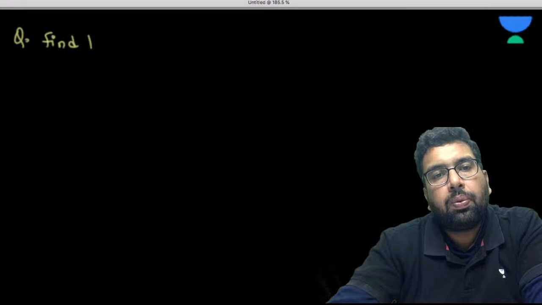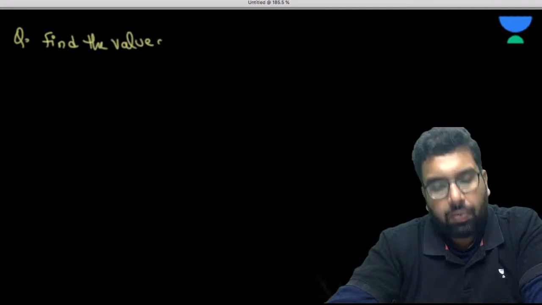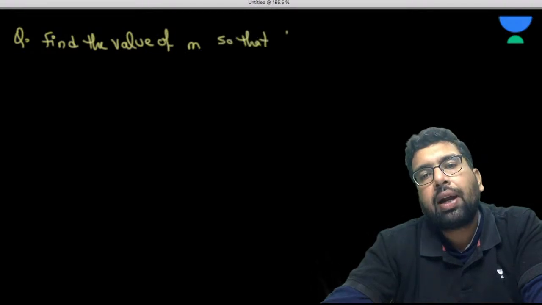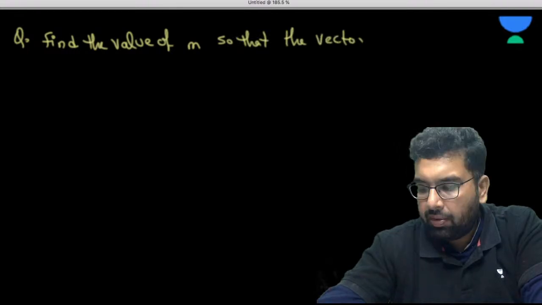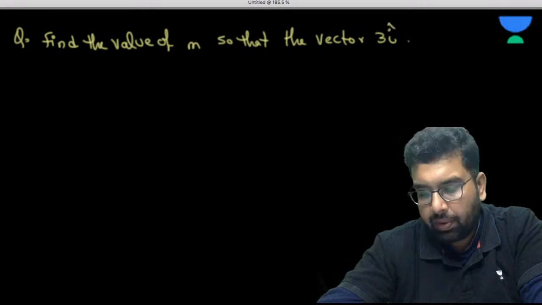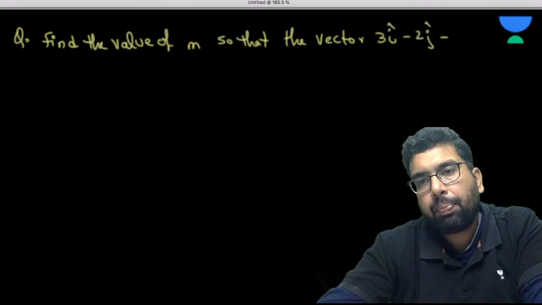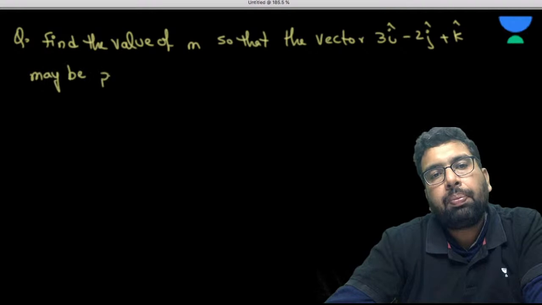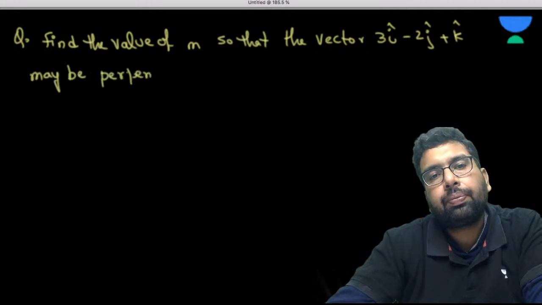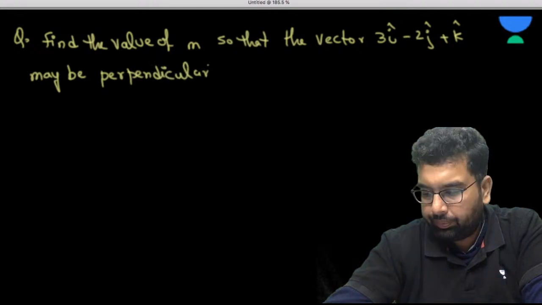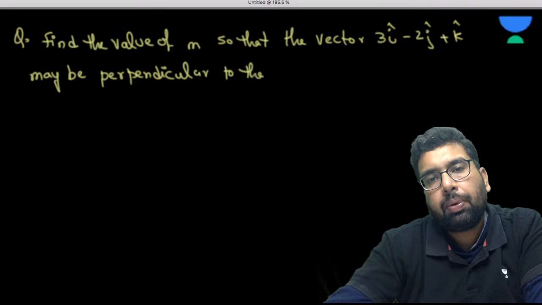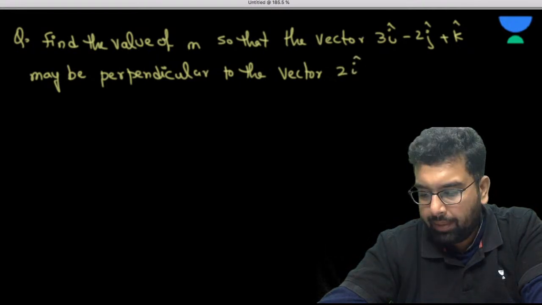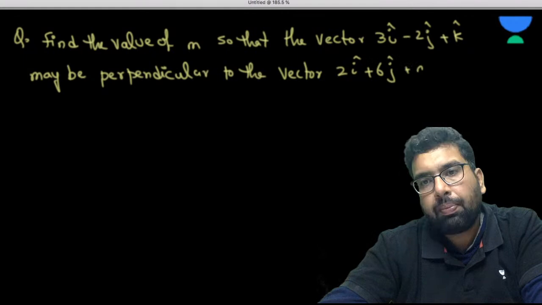Find the value of m so that the vector 3 i cap minus 2 j cap plus k cap may be perpendicular to the vector 2 i cap plus 6 j cap plus m k cap.